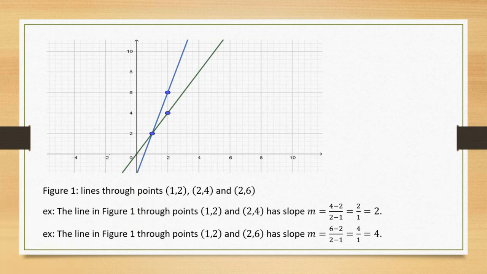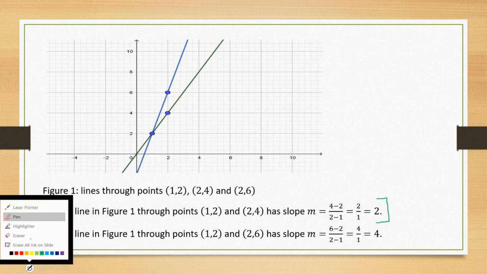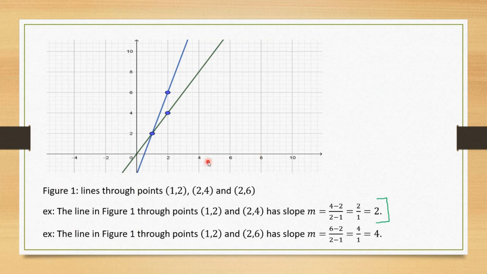So for the green line, it's going through 1, 2, and 2, 4. That's what we have here. And again, it's just the change in y over the corresponding change in x. So we have 4 minus 2 over 2 minus 1.